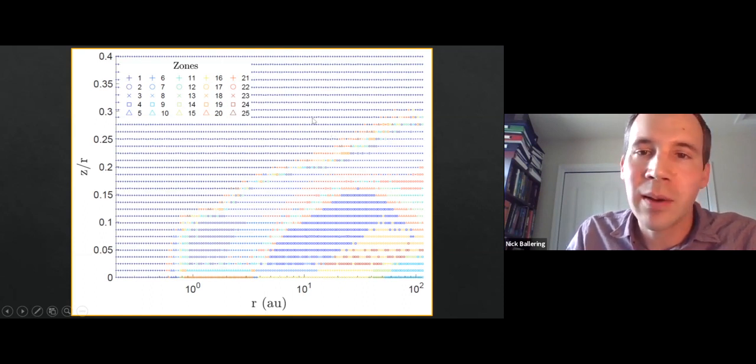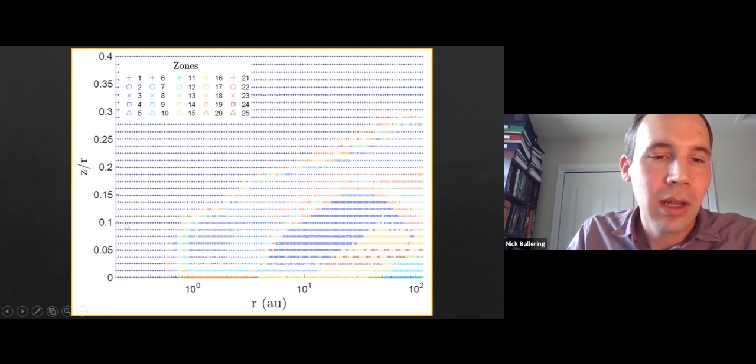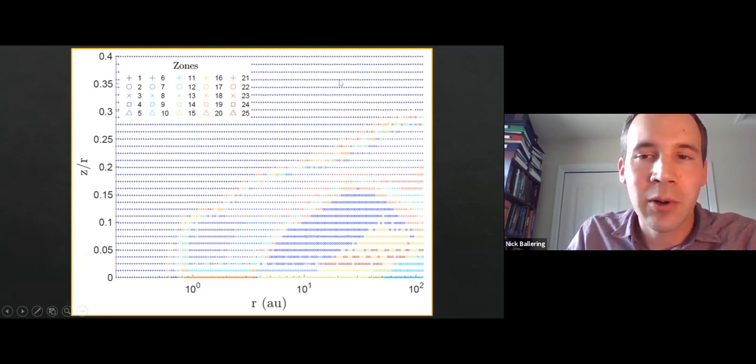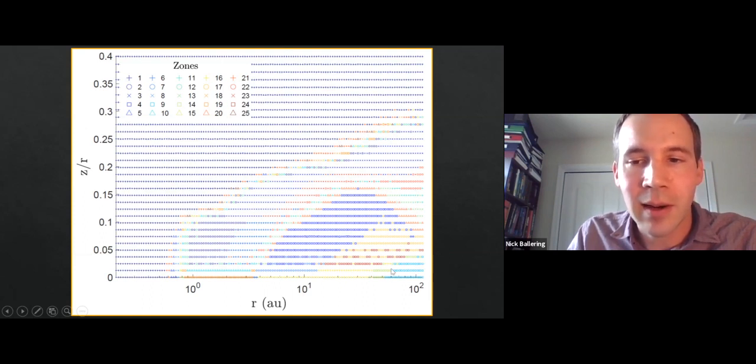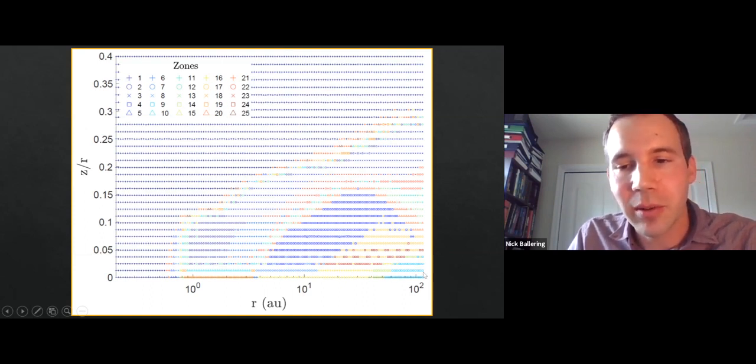So zone 1, all these little pluses, are regions at small radii and high vertical extents that are basically ice-free. And then you can see the different layers throughout the disk where we've grouped them based on their ice mixture. So down here would be an ice mixture that is very rich in, for instance, CO.